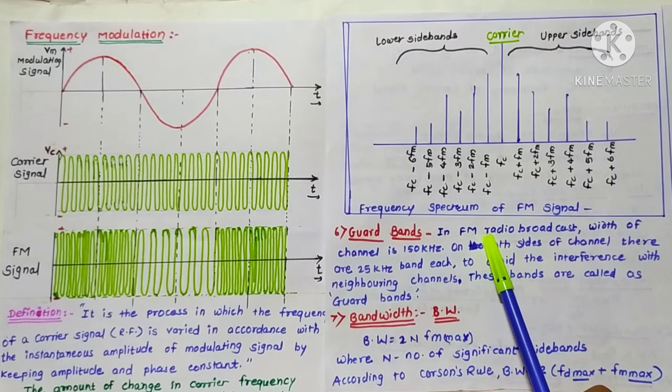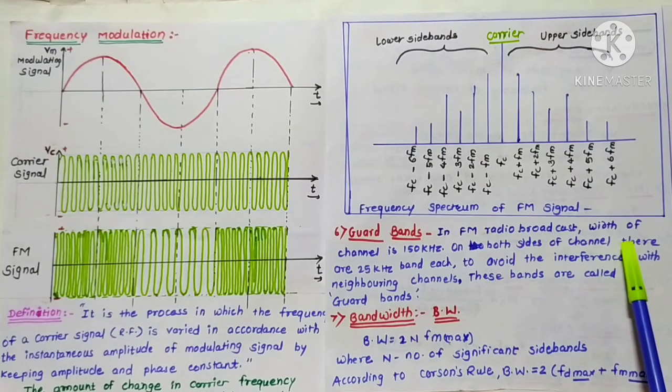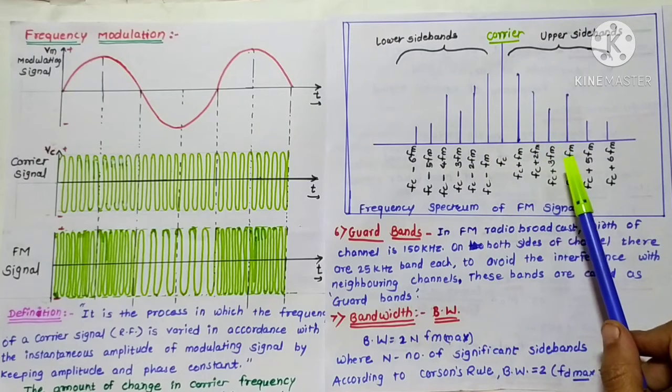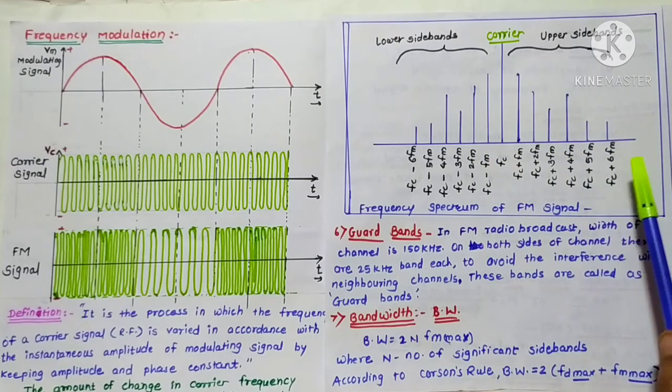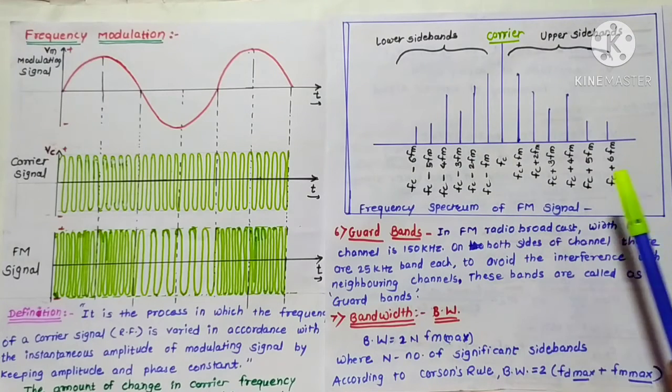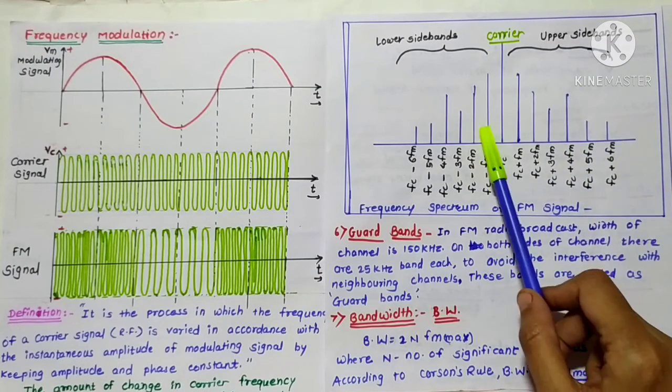In an FM radio broadcast station, the width of a channel is 150 kHz. On both sides of the channel there is a band of 25 kHz each. To avoid interference with neighboring channels, these bands are called guard bands.